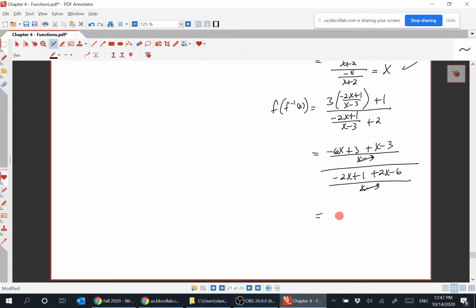These cancel, and we're left with minus 6x, that's minus 5x, over, and then this is 0 minus 5, so that's x. Alright, so that checks out.